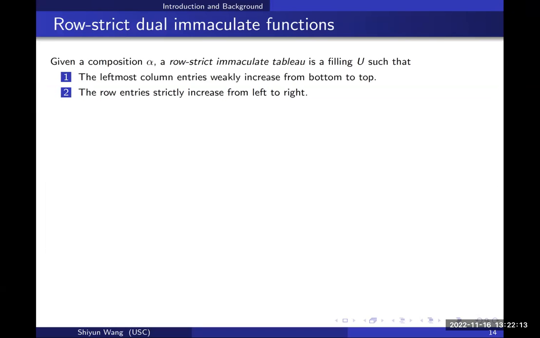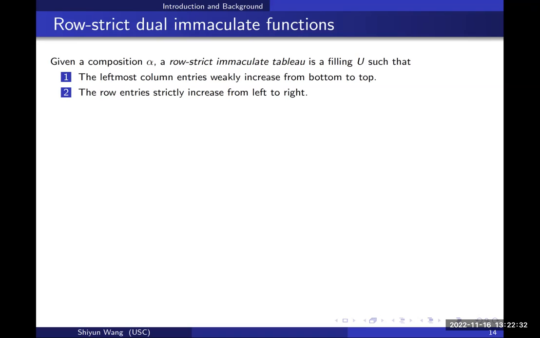So I guess now it's very natural to think about this: because of the Young quasisymmetric Schur, we have the row-strict version of Schur, and now it's natural to ask whether we have any row-strict version for the dual immaculate basis. So we start from the combinatorial meaning for that.